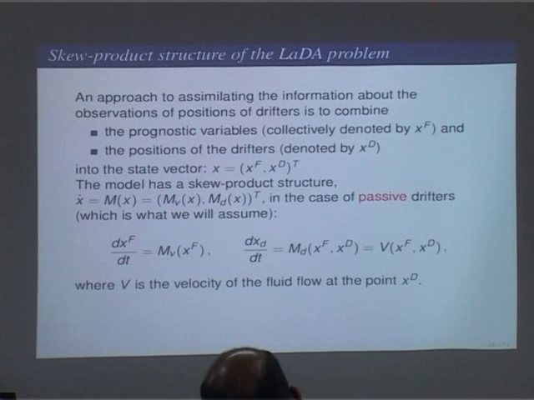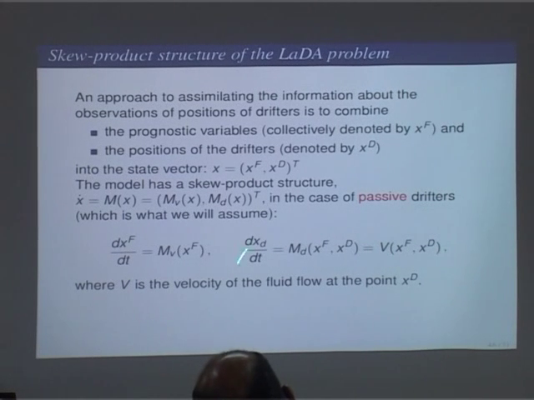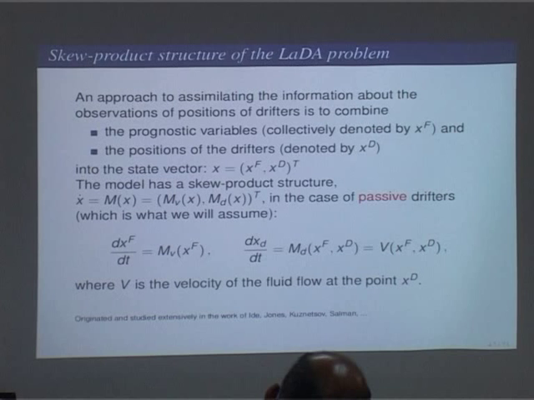The flow doesn't care if there's a drifter in the flow or not, but the drifter depends on where it is and what the flow is doing there. We're generally thinking about this model as being our velocity field. And here's the reference I already gave to those people who pioneered this field over the last decade or so.